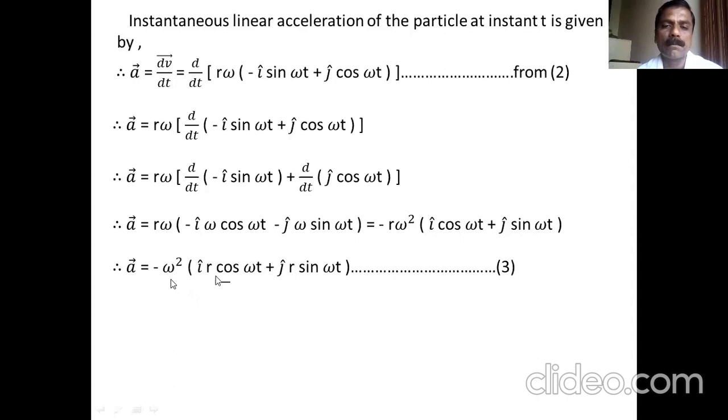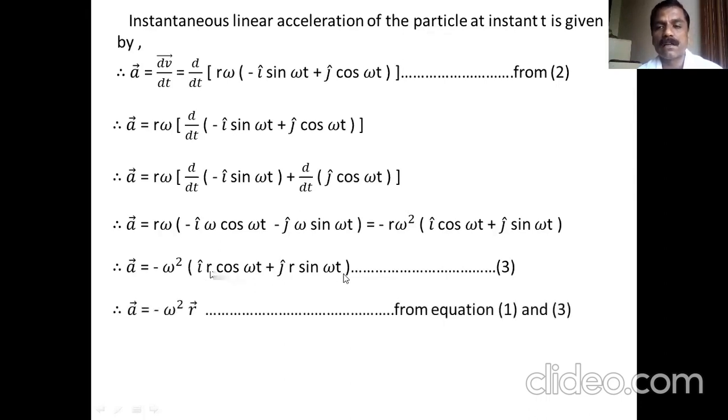So you will find minus omega square, i cap r cos omega t plus j cap r sin omega t. And as we know, this bracket can be replaced with the position vector that is already provided in equation number 1. So if we put this value of the position vector from equation 1, then you will find this is the final equation for the centripetal acceleration.